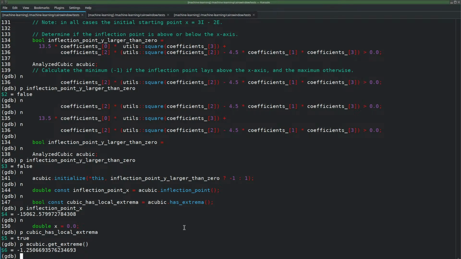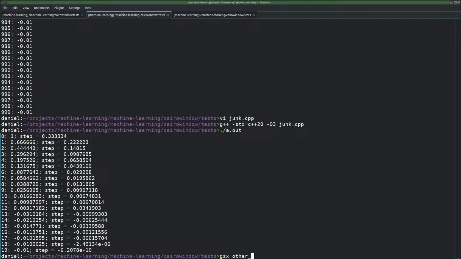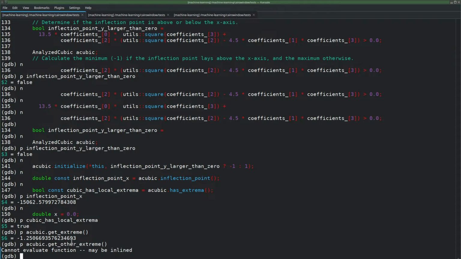Okay, so and then the other extreme, I think I have that function under get other extreme. Nope. Get other extreme. What the fuck?